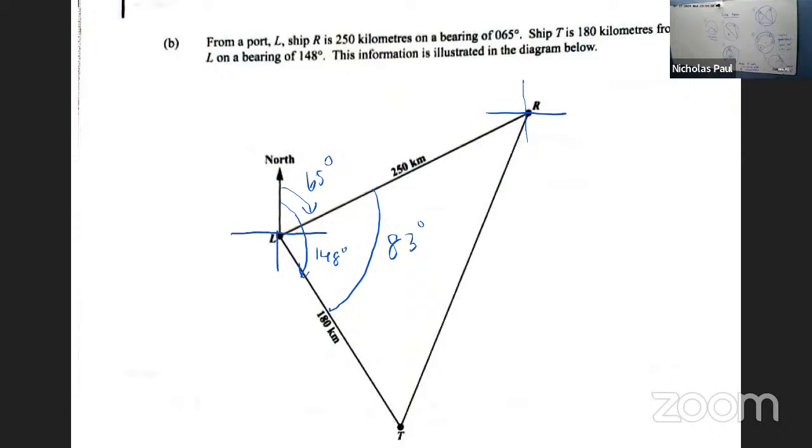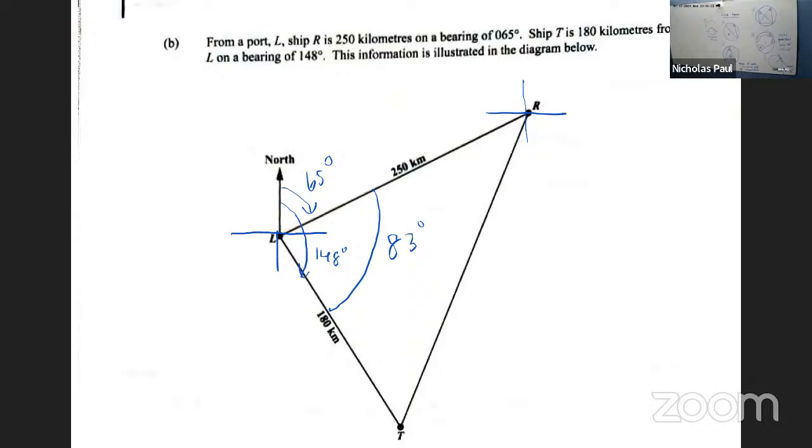Find RT. What's the rule we're using again? You're getting hung up picking the rules. But I want to show you a little bit of angles. How I got 83 is because I subtracted 148 and 65.